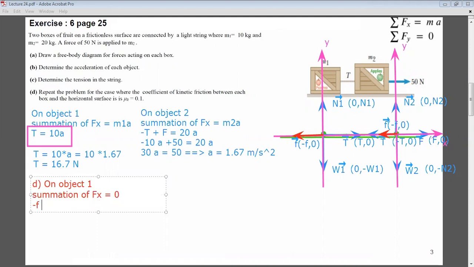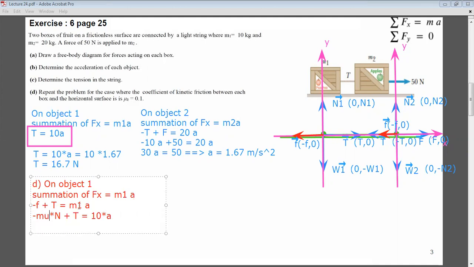I have minus f plus T, right, equal to, not 0 here, it's equal to M1 a. So this is equal to M1 times acceleration. f is mu times N, plus T is equal to M1, which is 10, times acceleration.